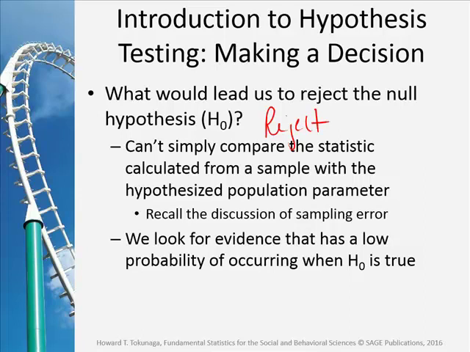You can reject the null hypothesis. So you can say that the evidence from our sample tells us that there is, in fact, a relationship between winning the coin toss and winning the game.